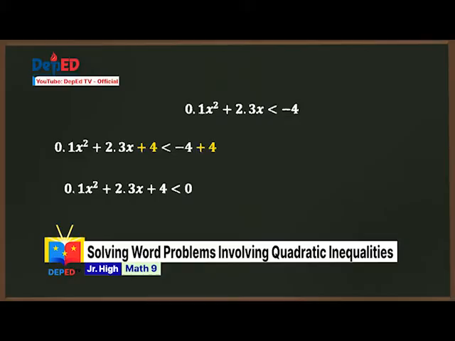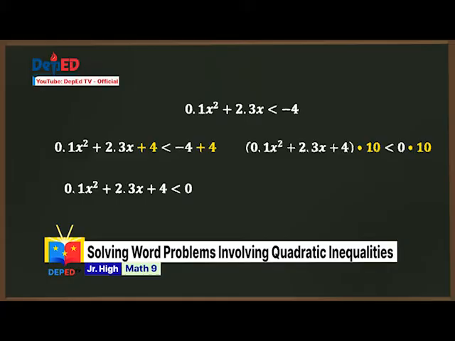But if you are a little anxious that the coefficients of x squared and x are not integers, well, relief is here. We can multiply both sides of the inequality by 10, since 0.1 and 2.3 both have one decimal place.